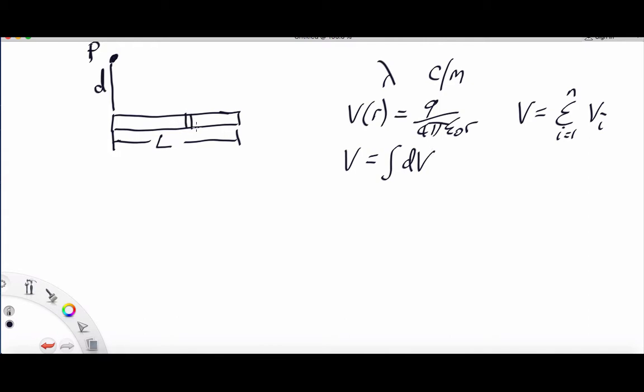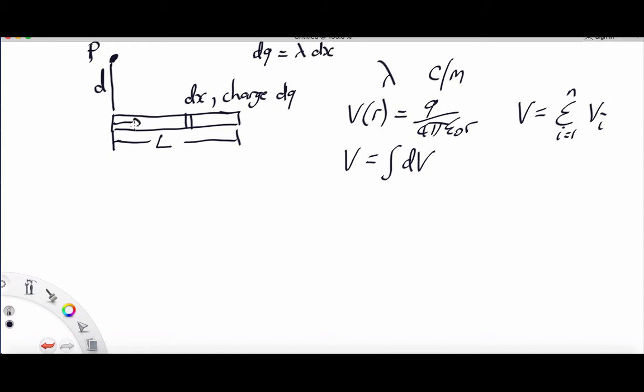So let's divide up the line into little lengths dx, and each one will have a charge dq, a little bit of charge. So dq in fact will equal the charge density times the length, in other words lambda times dx.